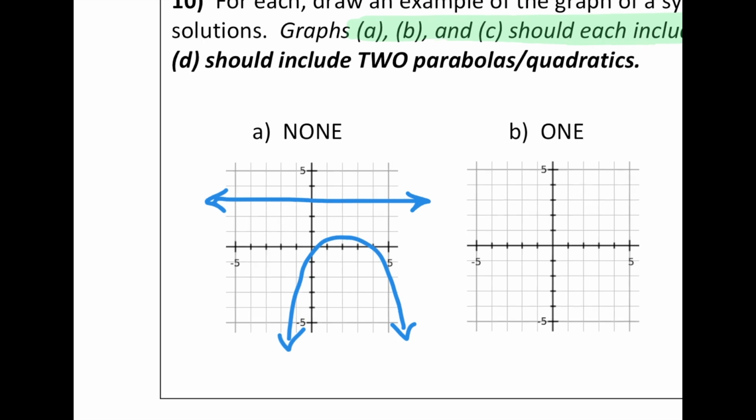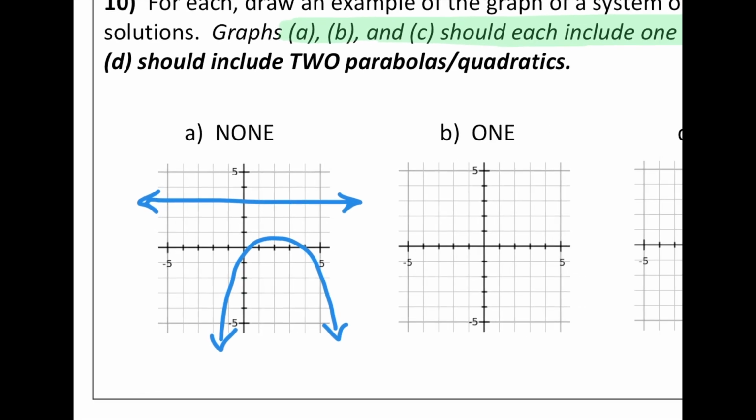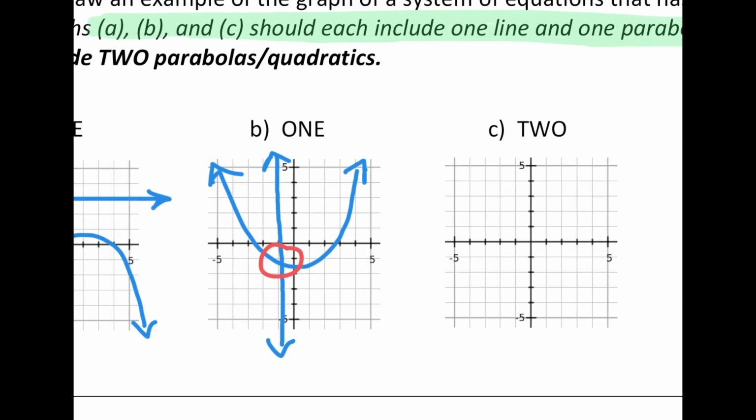And then in letter B, something that has 1 solution, let's say that I have a parabola like this and a linear equation like that. The 1 solution would be right here. An example of a system with a parabola and a straight line that has 2 solutions could be something like, let's say this for the parabola, and then the line cuts across like that, and here are the 2 solutions.